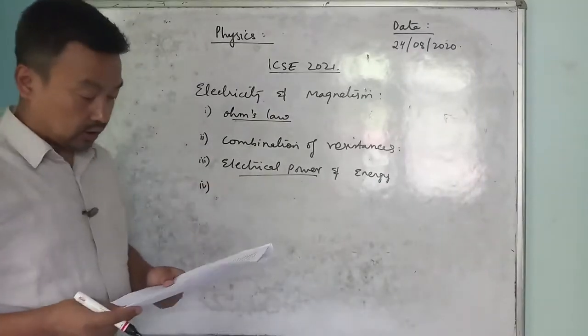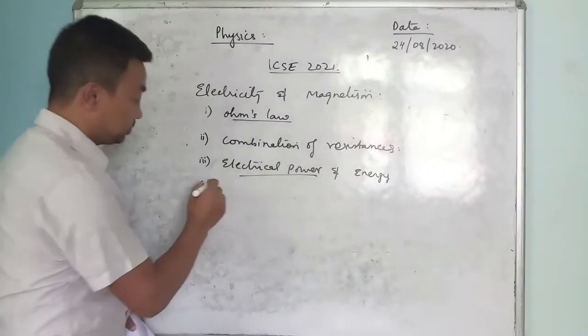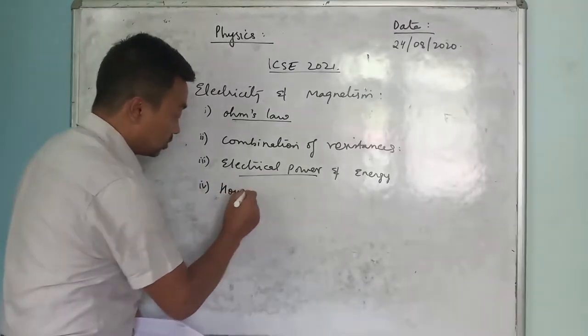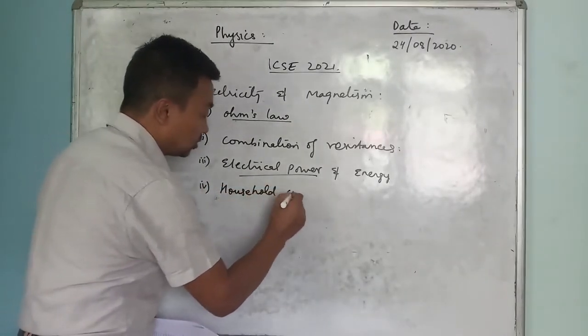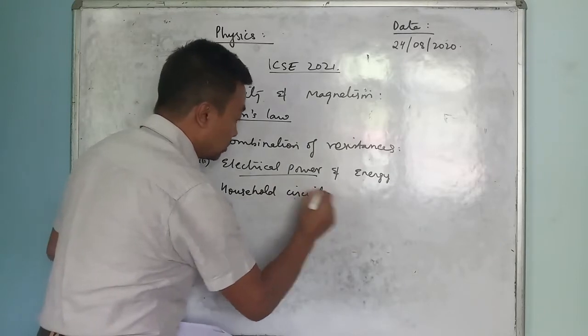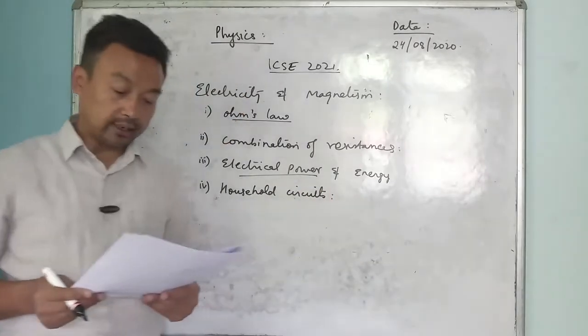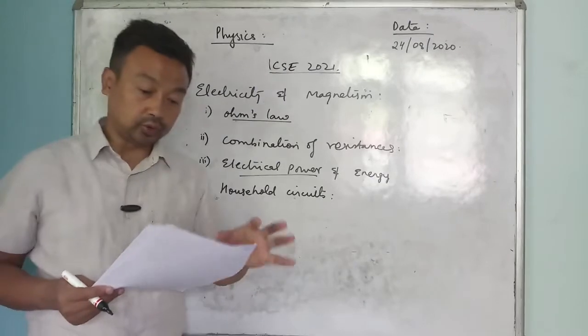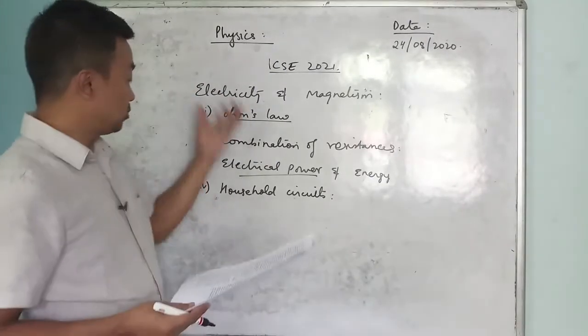Then you have household circuits. Then there is the magnetic effect of the current. So these are mostly the main topics.